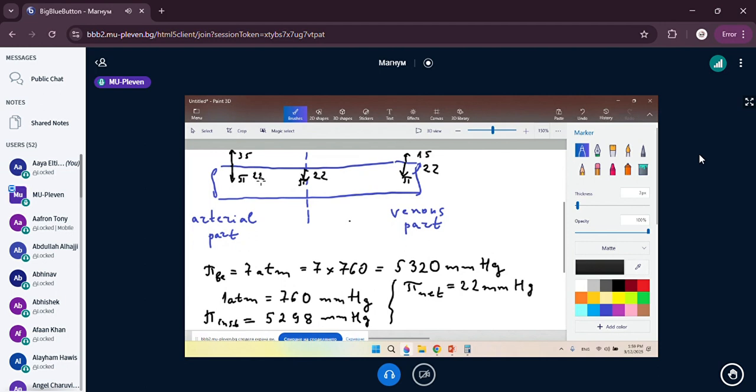pressure 22 millimeters, which means that what is net pressure in the arterial part, P arterial, what is it? The difference between them, 35 minus 22, which is 13.